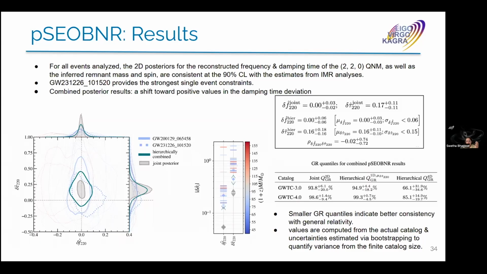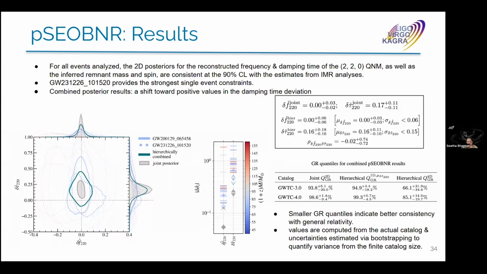Then below the box, you can see a table that compares the results with GWTC3. So we see that the GR quantiles have increased, meaning apparent consistency with GR has decreased when the O4A events are added. The joint 2D quantile goes from 93.8 in GWTC3 to 98.6.